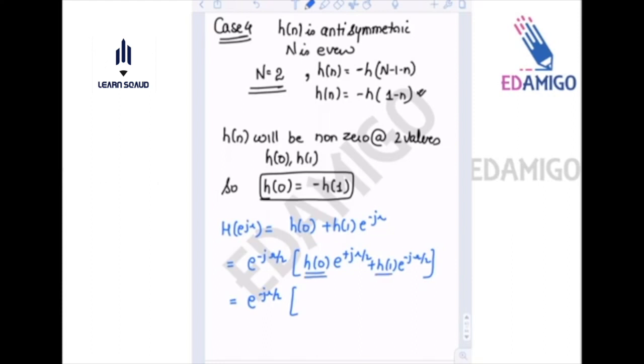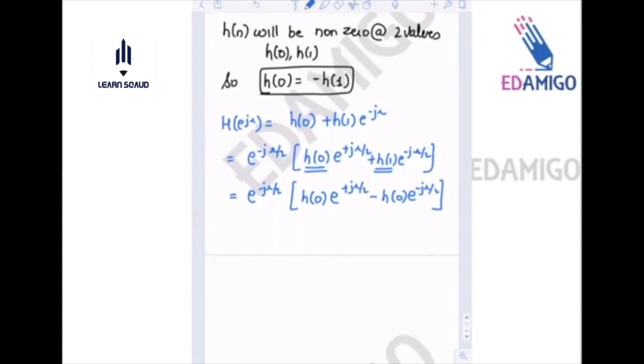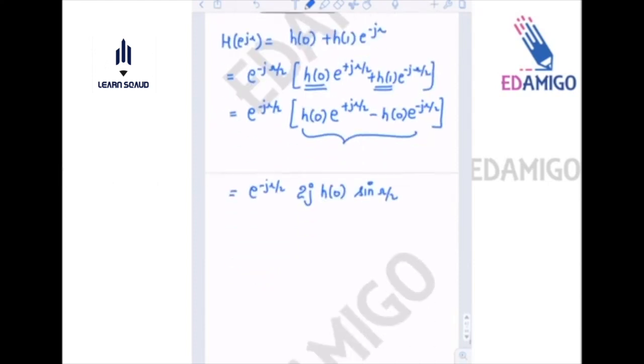Since these two terms are opposite to each other, I can write it as h0 e^(+jσ/2) minus h0 e^(-jσ/2). This will make a sine term and we will get 2j into h0 sine of σ by 2. Because j can be written as e^(jπ/2), this gives 2 times h0 sine of σ by 2.